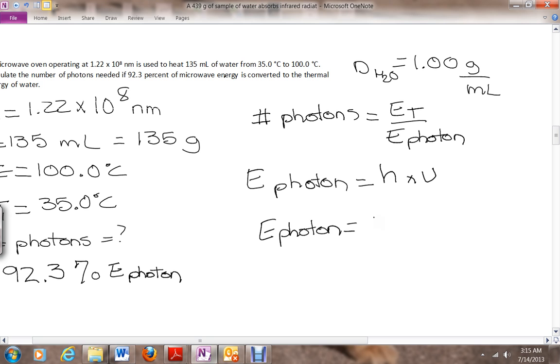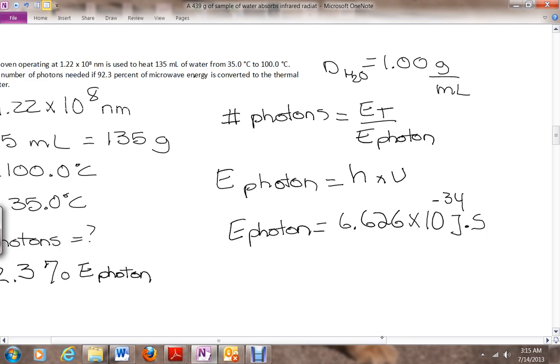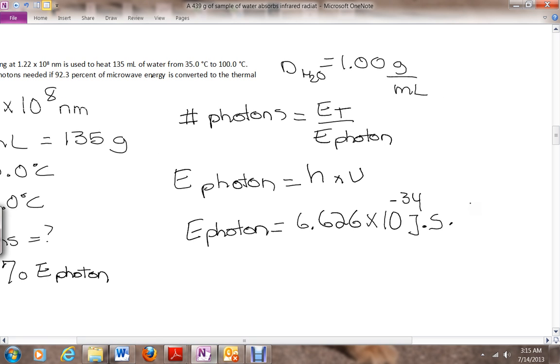Let me plug it in because we did it already: by 10 to the, this is the Planck constant, joule times second, and then the frequency. Remember the frequency is equal to C over lambda. So C would be 3 by 10 to the 8 meters per second.